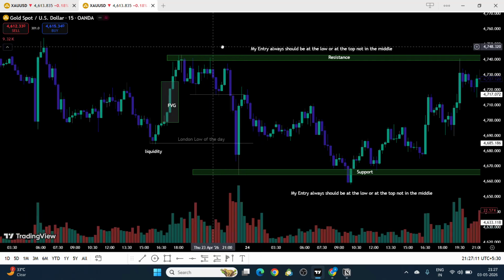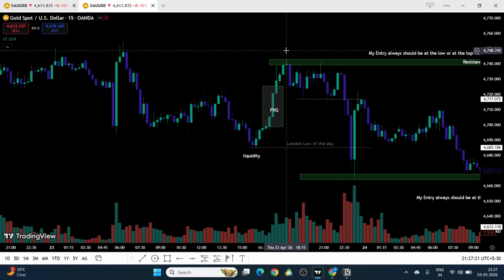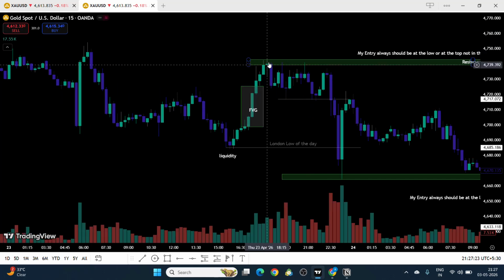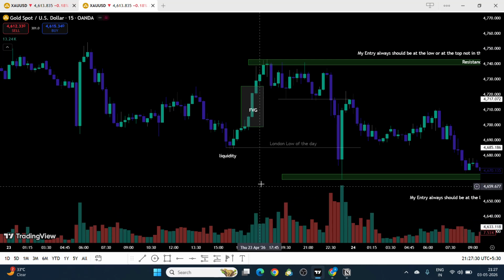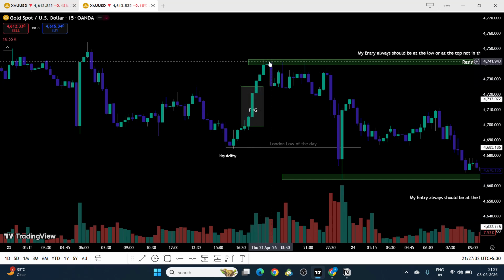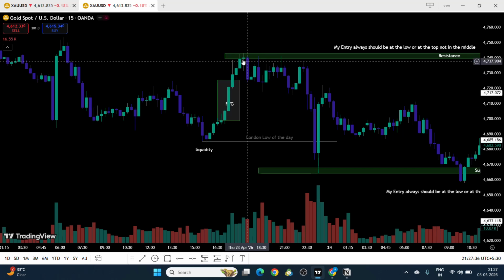How can it be? It can be correlated with the volume and the candlestick pattern. I am looking at this in the 15 minutes time frame. If I see here, there is a doji candle and the volume is almost similar to the previous candle, and it starts reversing.